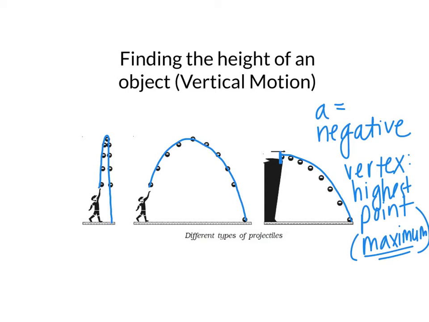But essentially, we could graph all of these in the first quadrant of a graph by measuring the height of the object, how high it is off the ground, versus time, how long since it's been thrown up in the air or knocked off the cliff.